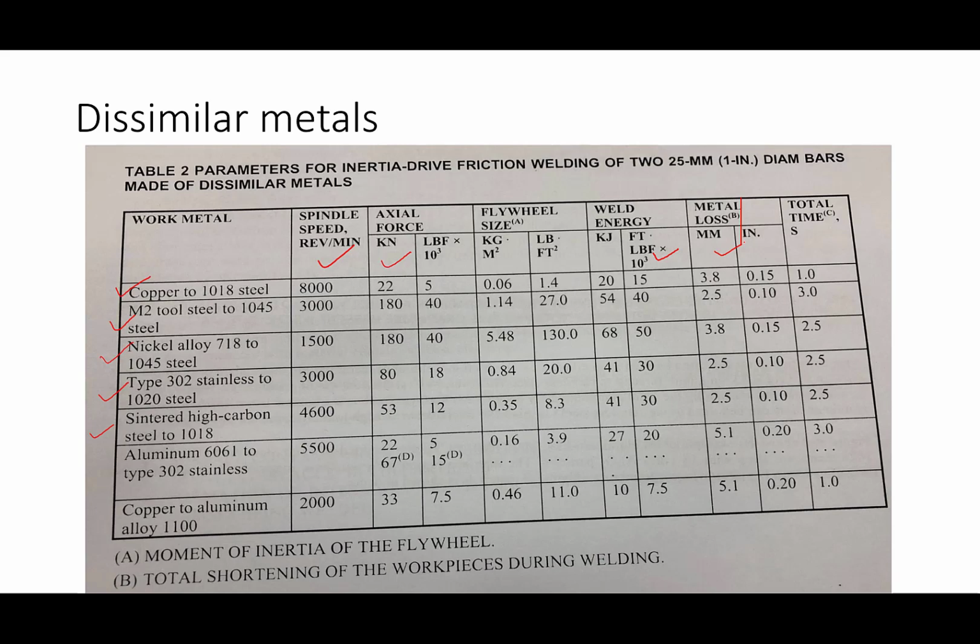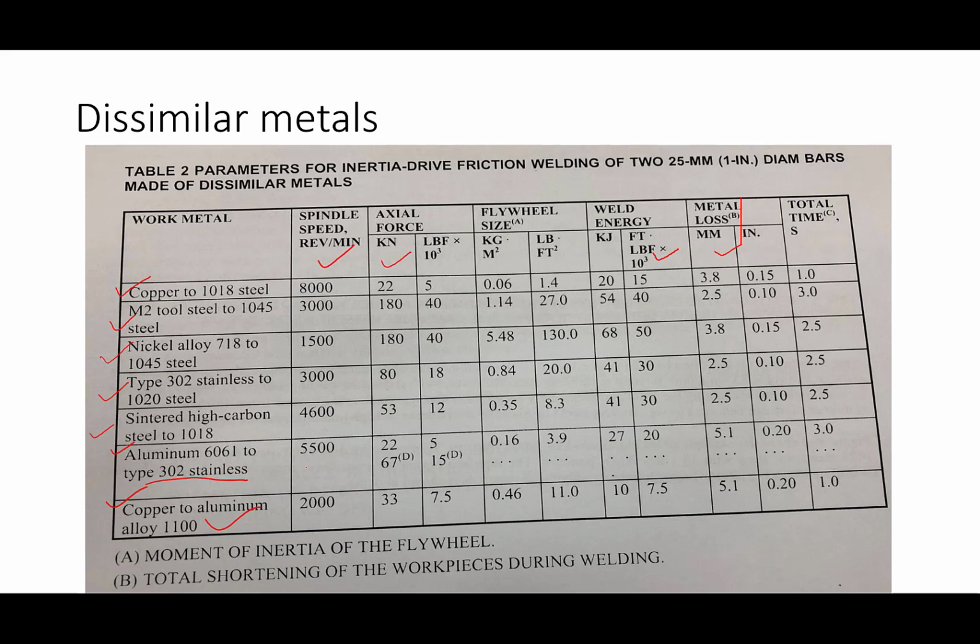One more important thing here: when you work with different metals, like aluminium or stainless steel, or copper with aluminium, there will be a lot of difference in their ductility as well as their yield strength. So under identical conditions of axial force, you will notice that one gets deformed and upset much more as compared to the other.